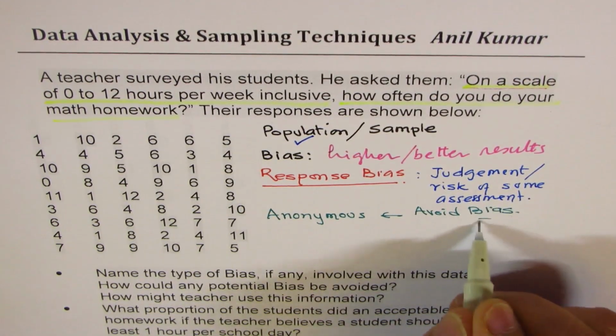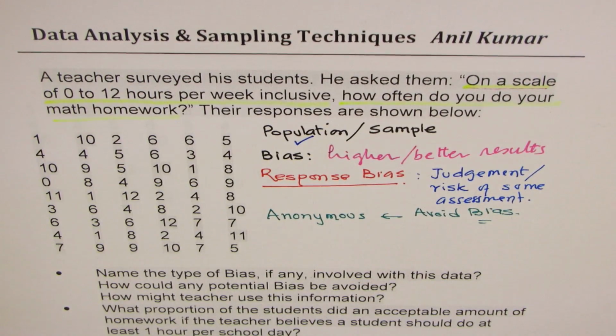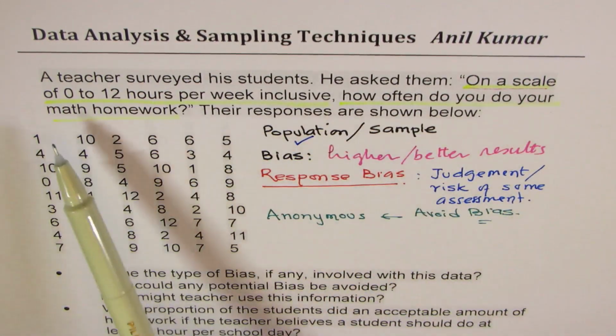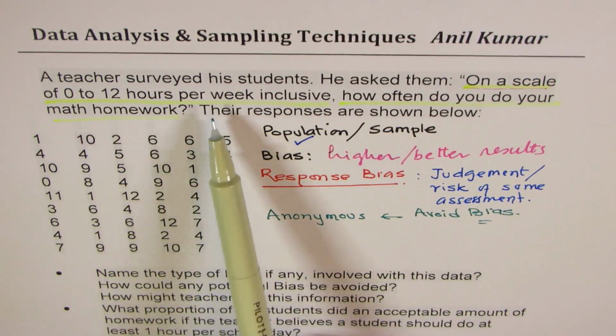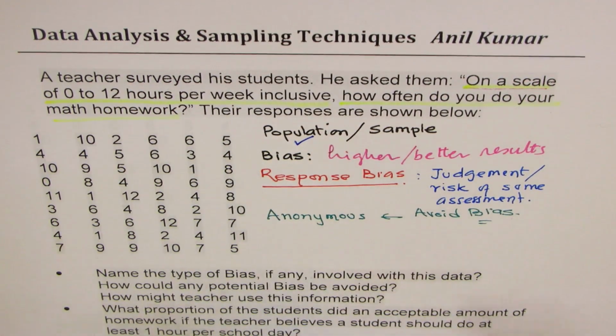Do you understand? So if you want accurate results, then it should be like: on a scale of 0 to 12, don't write your names, but just write on a slip how many hours you study per week. So that becomes a fair question, and you can expect a fair result from there.